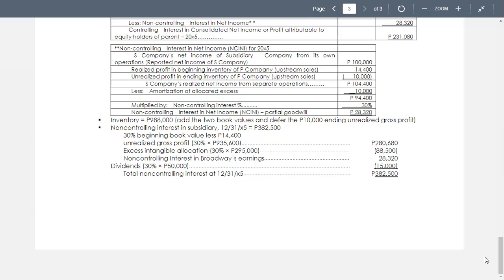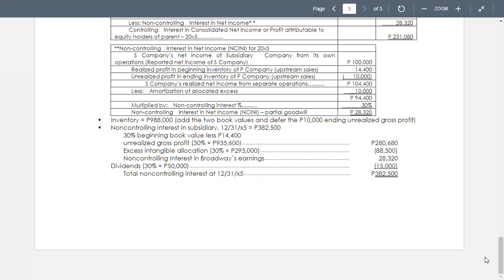That's 10%, because the ownership of Pine with Tuna is only 90%. So there is a non-controlling interest equal to 10%. The non-controlling interest is 239,400.